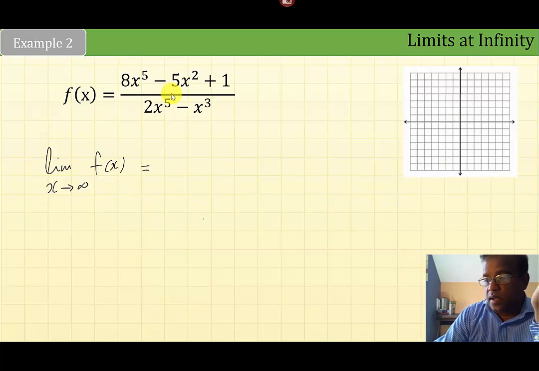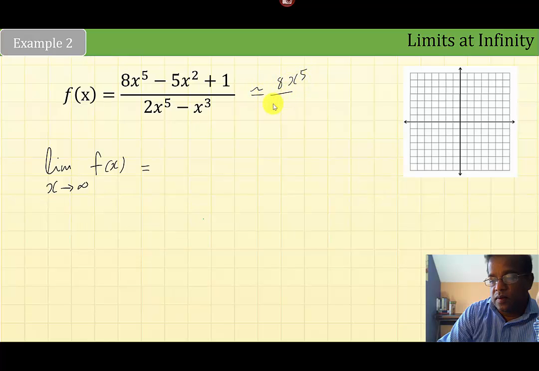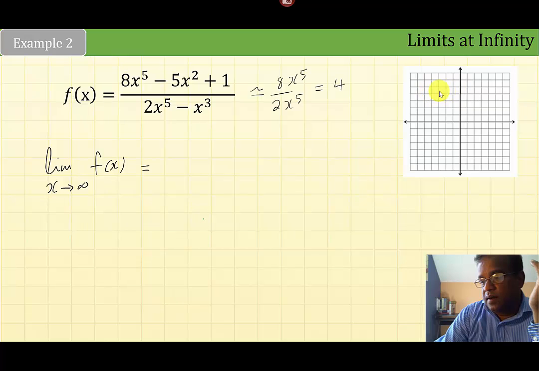If you look at the end behavior, it is given by 8x to the fifth over 2x to the fifth, which is 8 over 2, or 4. So this graph is going to have a horizontal asymptote at 4, meaning as x approaches infinity, this is going to go to 4.